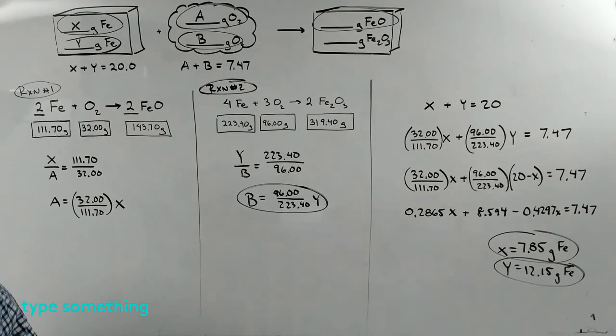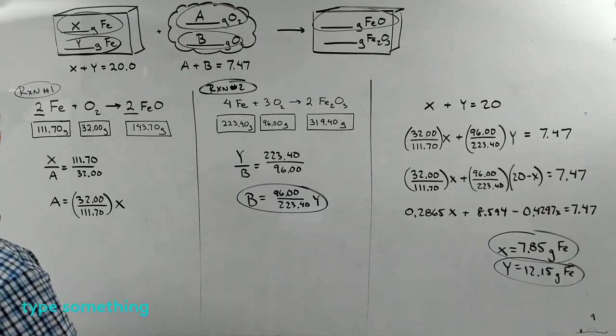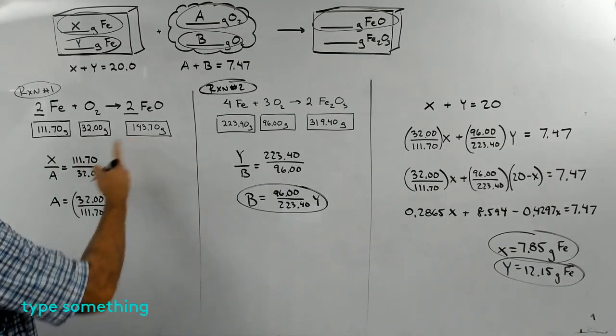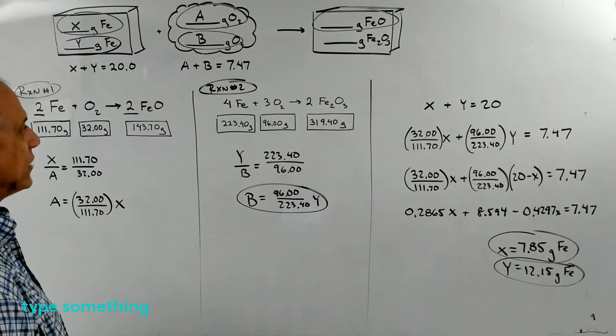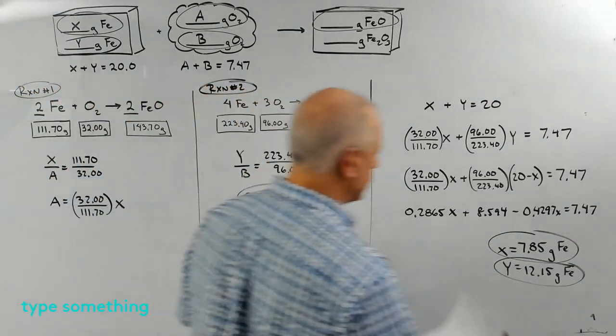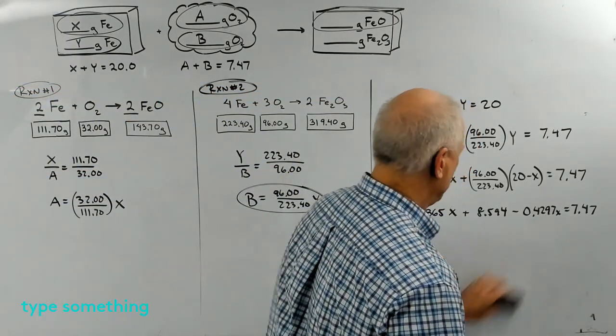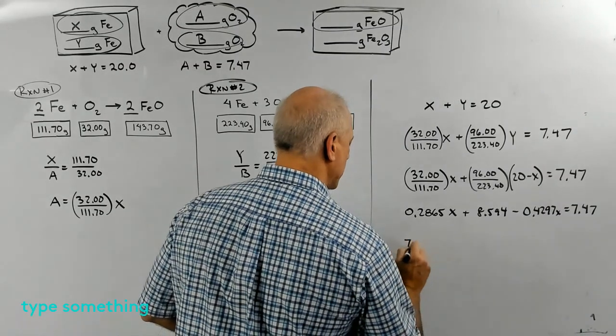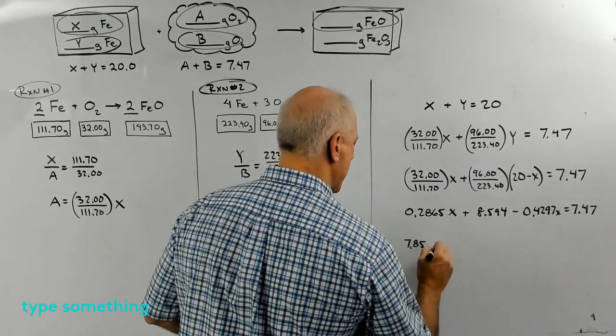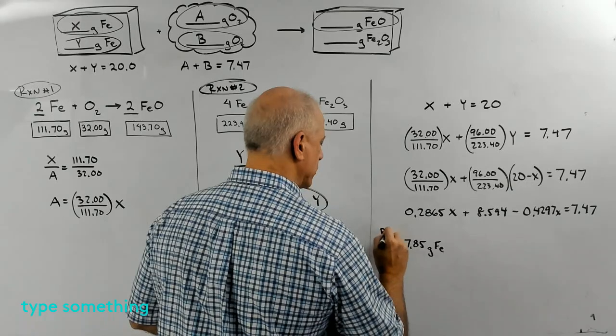Now, once we have those, we can go ahead and figure out the masses of each of the products. We have 7.85 grams of iron in reaction number 1.